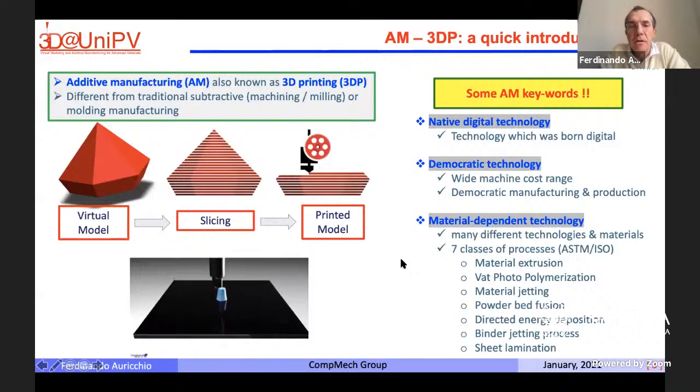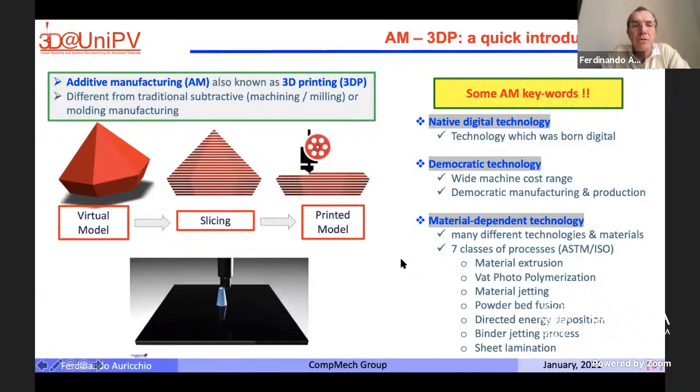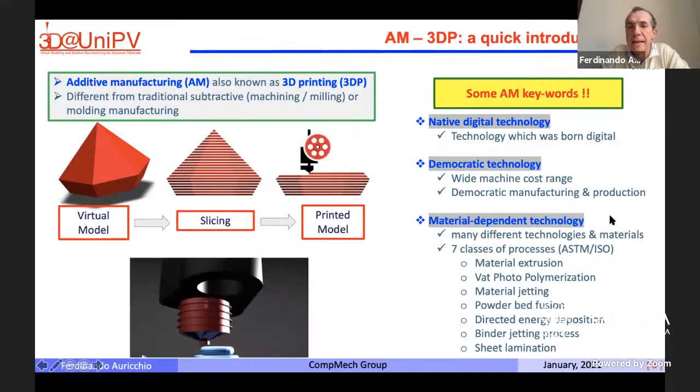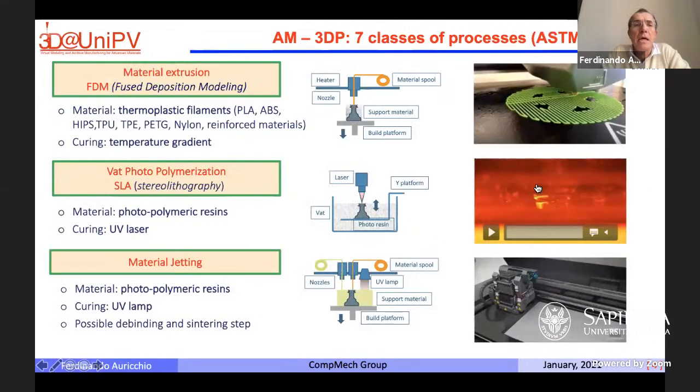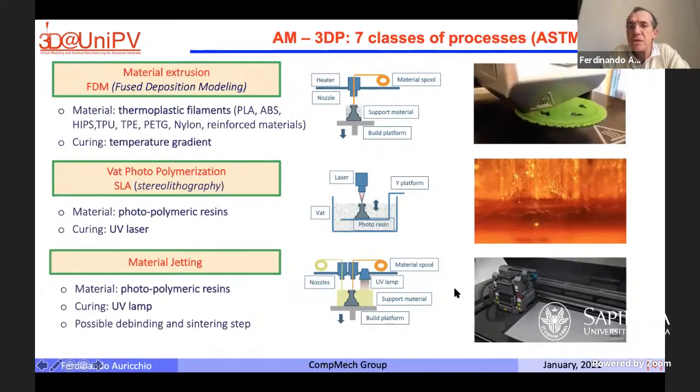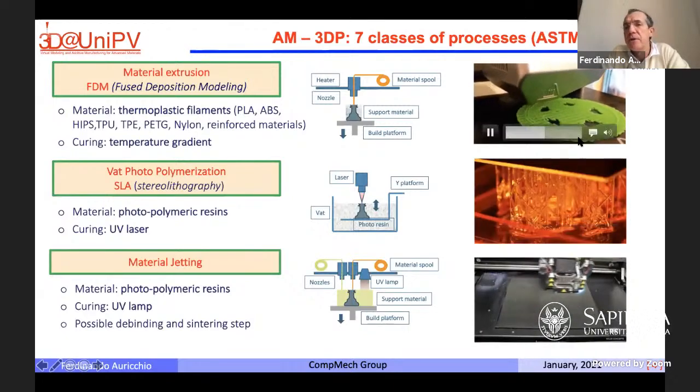In the previous talks, many people talked about additive manufacturing, so I don't want to spend time on this aspect. The point I would really like to highlight is that under the name of additive manufacturing, in reality, there are many, many different technologies and many different materials. You go from material extrusion, vat photopolymerization, material jetting, for example.